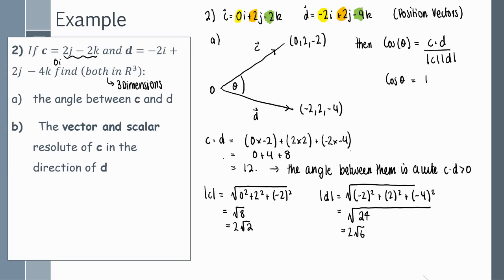This is awesome. We can find the angle. So cos theta is 12 over 2 root 2 times 2 root 6. Simplify the denominator. Hopefully we'll come up with something where we know what theta is.